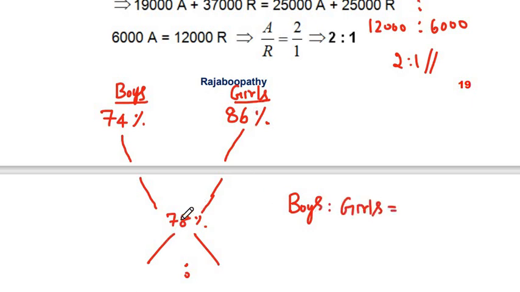So boys to girls ratio: 78-86, the difference is 8; 78-74, the difference is 4. So therefore the answer is what? 2 is to 1.